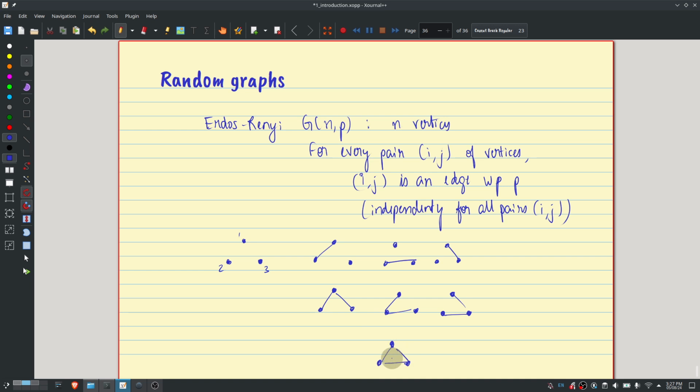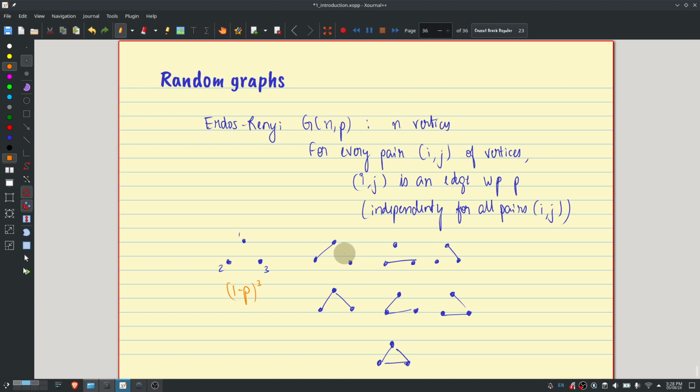So remember, I'm just picking a graph at random. So what is the probability that this graph gets chosen? 1 minus p the whole cube. So there should be no edge between these two, and that happens with probability 1 minus p. No edge between these two, that happens with probability 1 minus p. Same 1 minus p. So the probability that this graph gets picked is 1 minus p the whole cube. What is the probability that this graph gets picked?